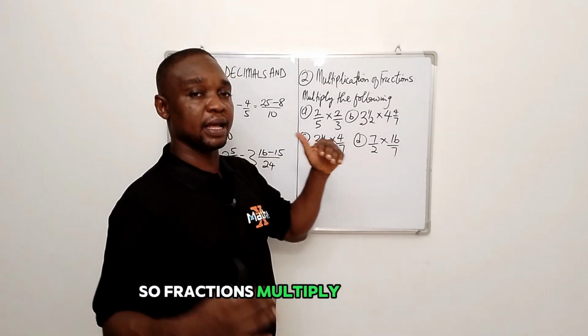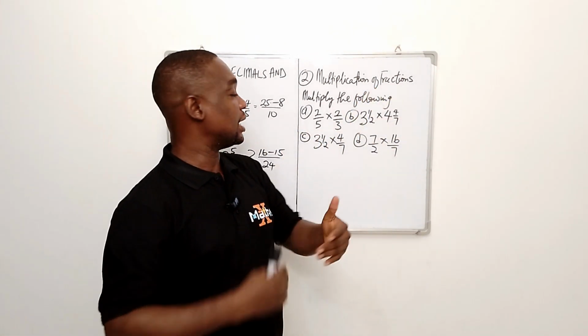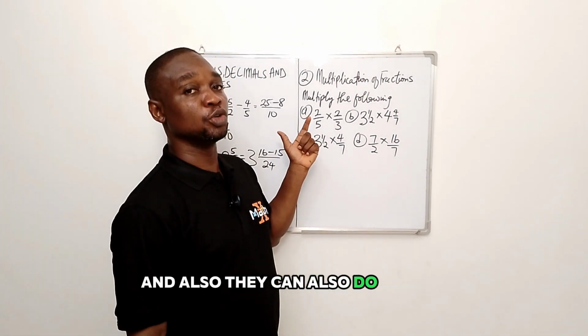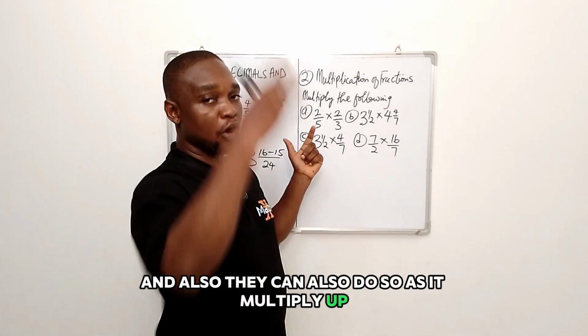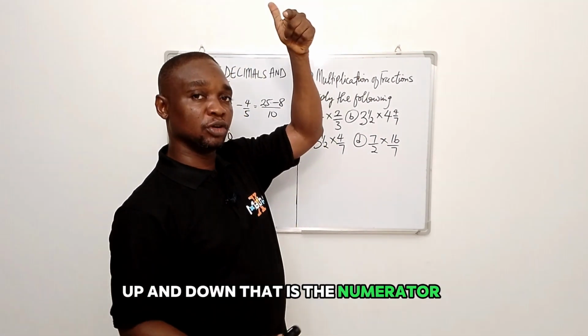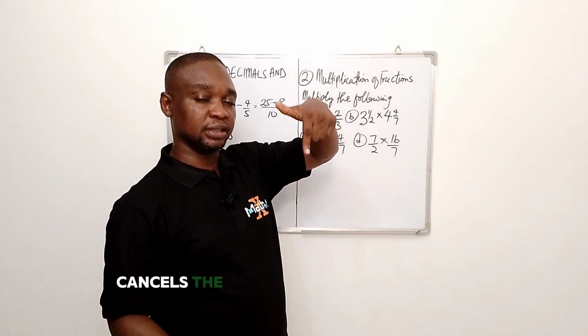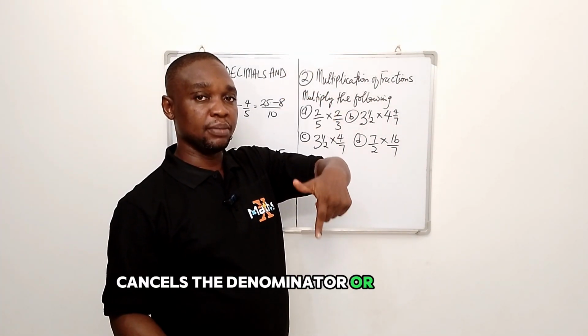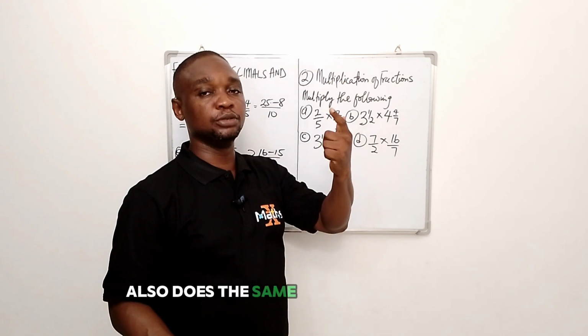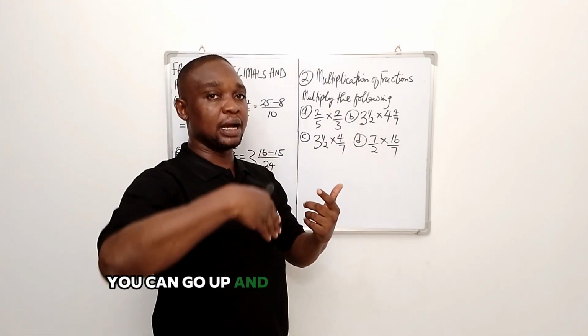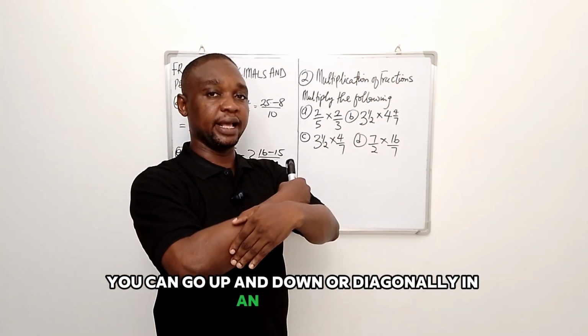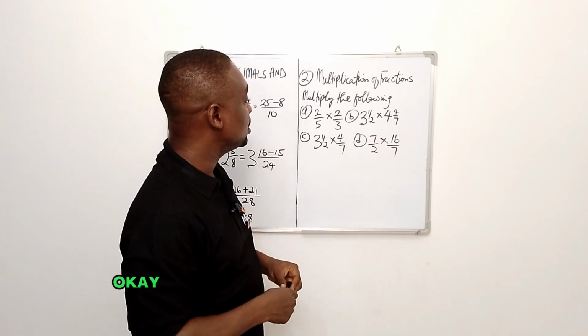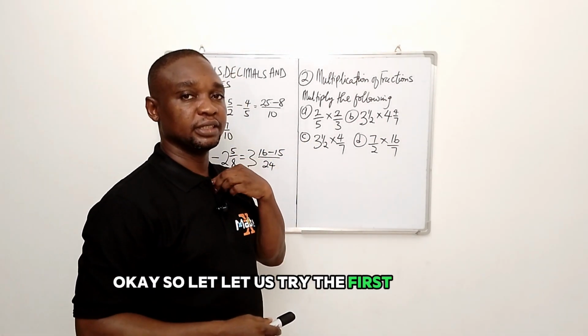So fractions multiply diagonally, and they can also multiply up and down. That is, the numerator cancels the denominator, or the denominator does the same to the numerator. So you can go up and down or diagonally in an X pattern. So let us try the first example here.